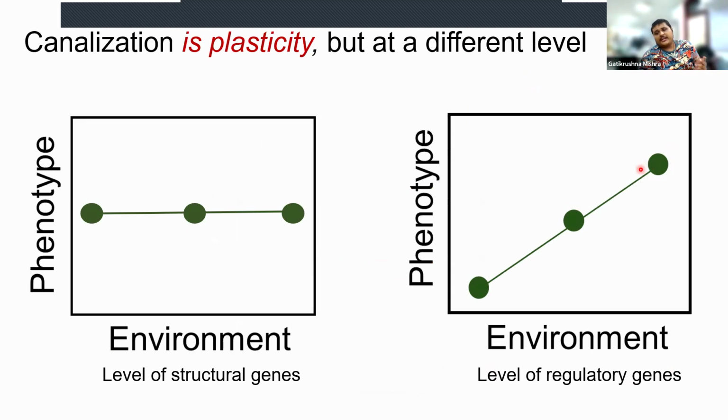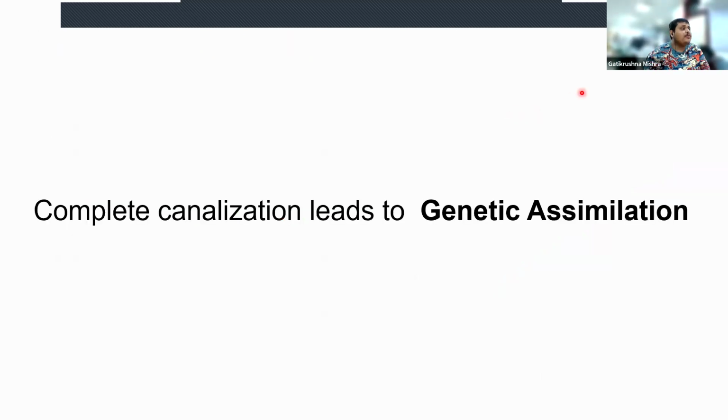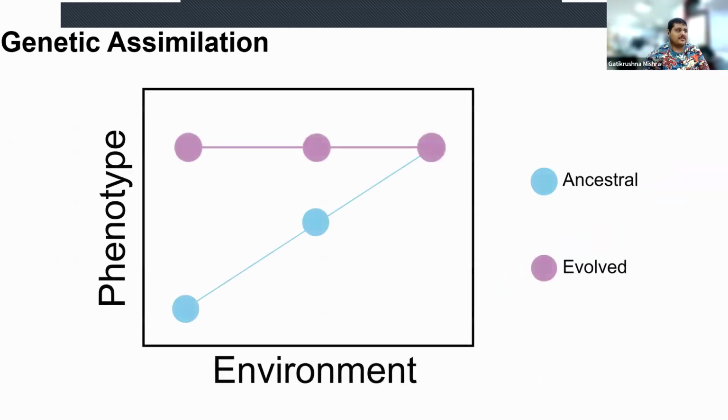So regulatory genes would still adjust according to the environment to bring in this constancy at the level of the trait. So you are looking at a global level where you see a constant phenotype across environments, but in terms of the gene regulatory networks that are involved in this pathway, there will still be some plasticity in response to which environment they are in. So when you achieve complete canalization, it leads to genetic assimilation.